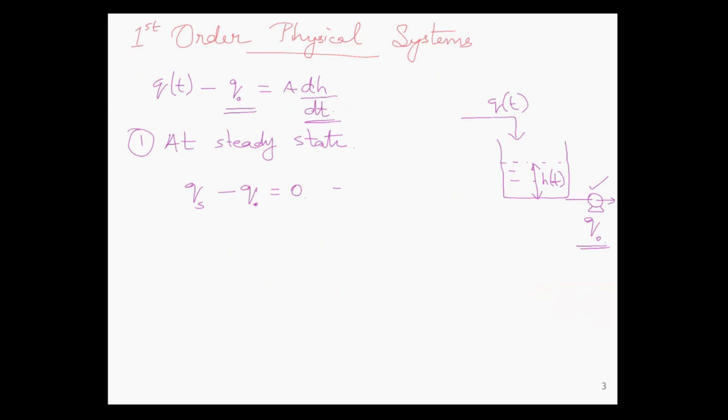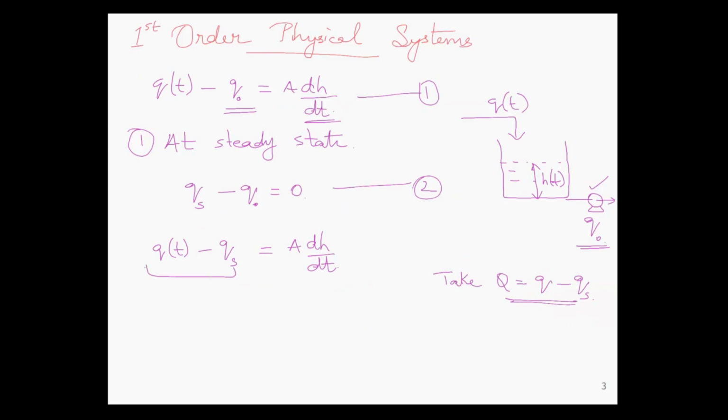Now subtracting this second equation from the first equation, we get Q of t minus Qs equal to A dH by dt. Now take capital Q equal to Q minus Qs. Those are called deviation variables. We take H also as H minus Hs.